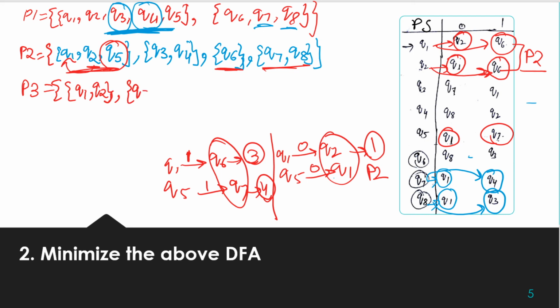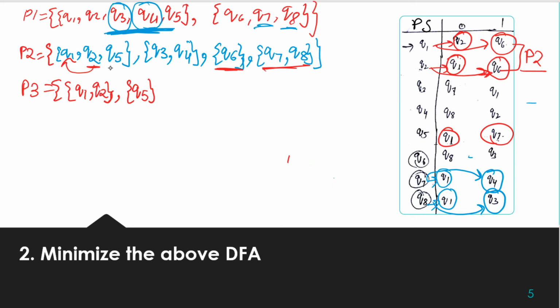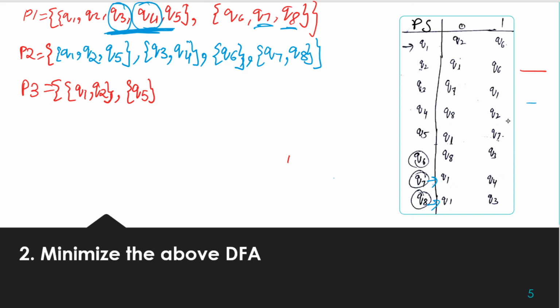Okay, so we have to repeat this process again and again for every group, and at the end of this process we will be getting the partition.